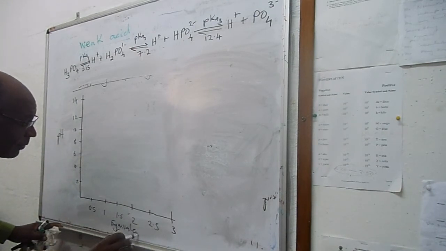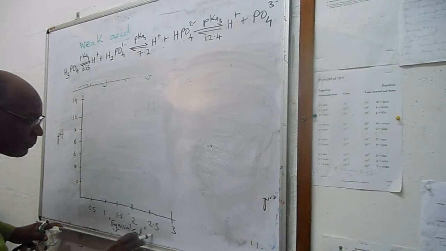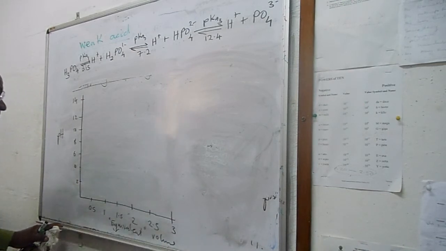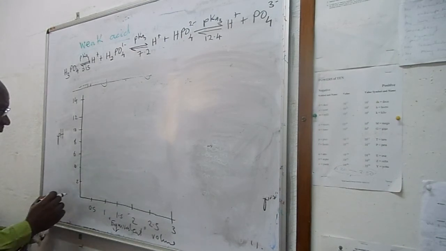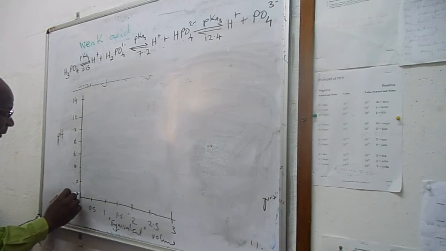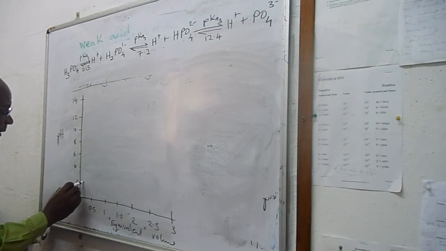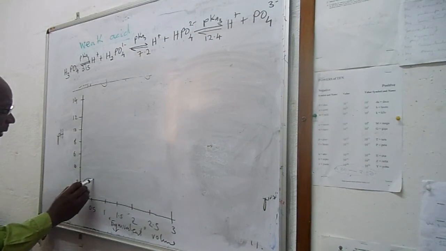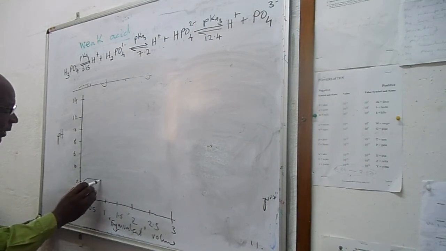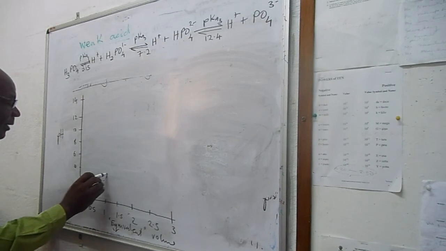So if I started titrating, what I'll see is that there will be a sudden change in pH, and then it stabilizes, stops increasing, and then starts increasing.